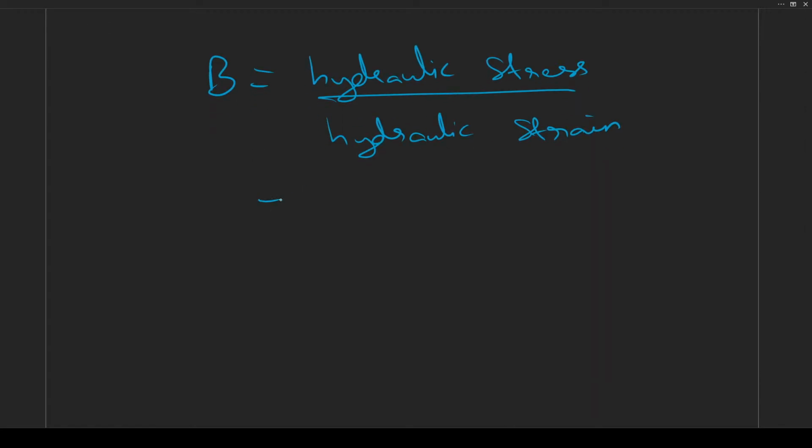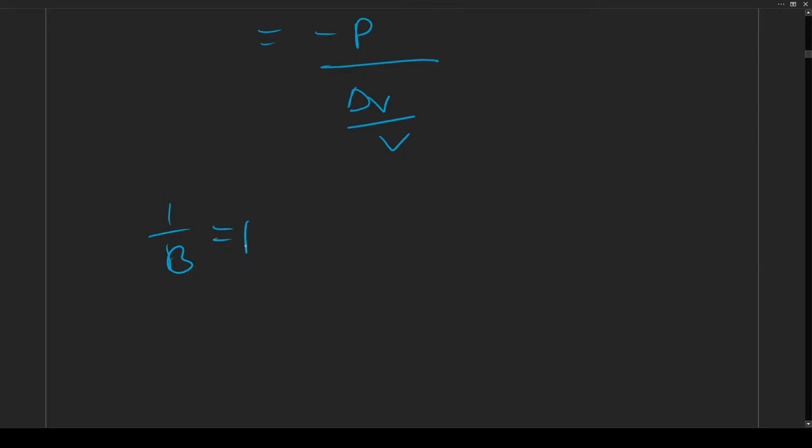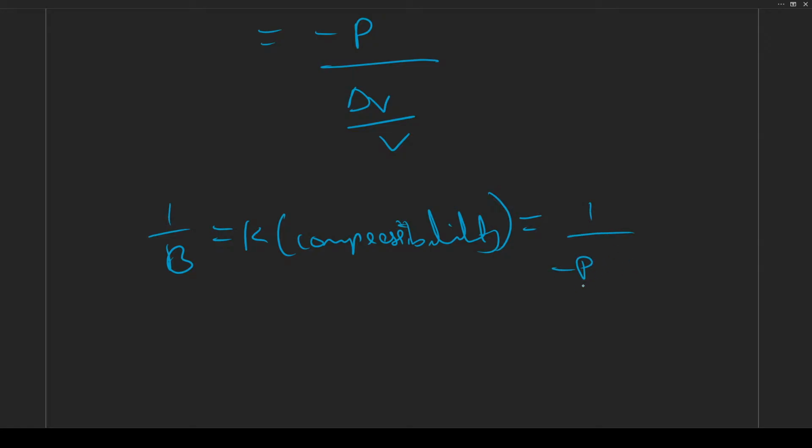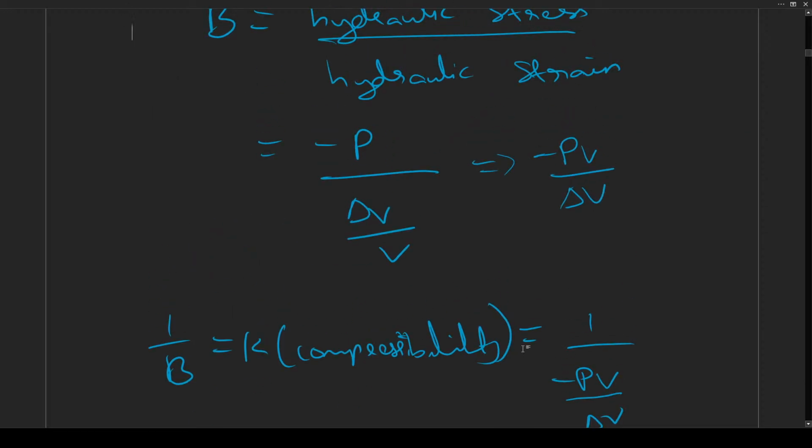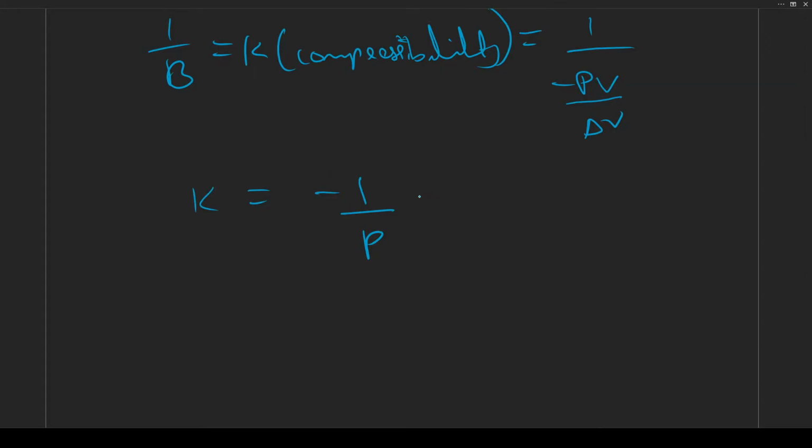Hydraulic stress is represented by minus P, so B equals minus P by delta V by V. And 1 by B is compressibility K, which we can represent as minus V by P delta V, so K equals minus 1 by P into delta V by V. This is compressibility.